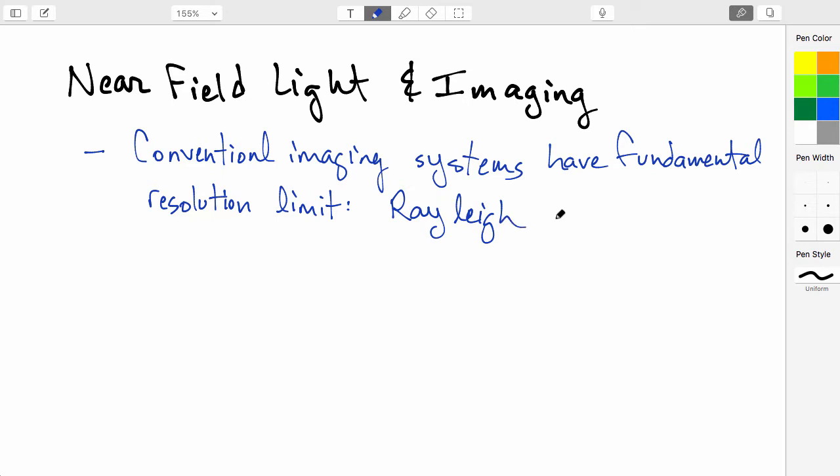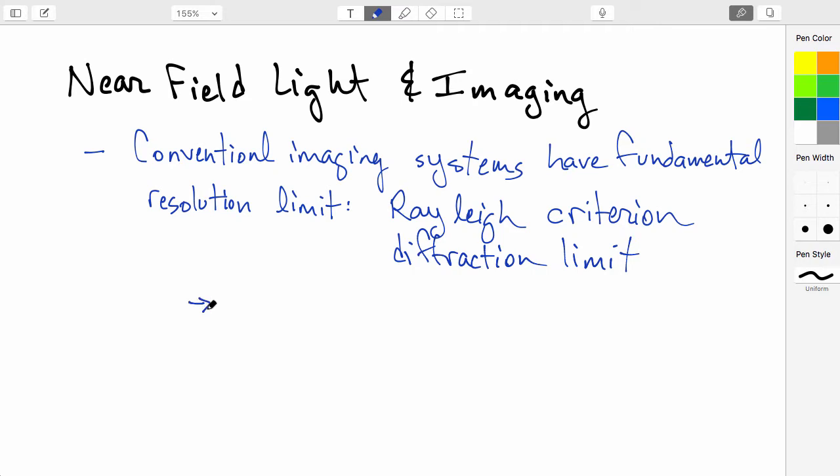One name for this is the Rayleigh criterion. This is also called the diffraction limit, among other names.